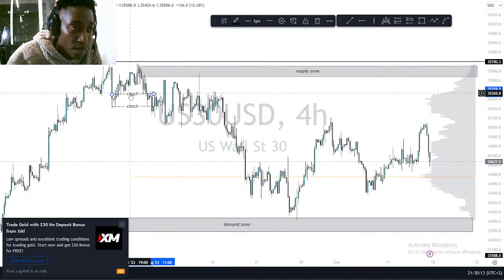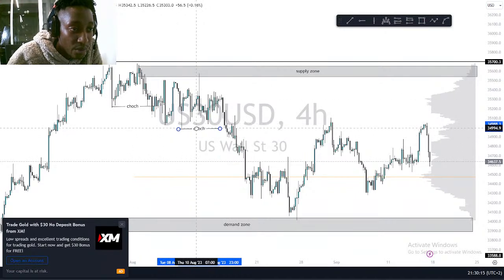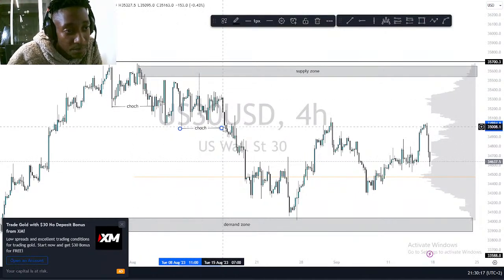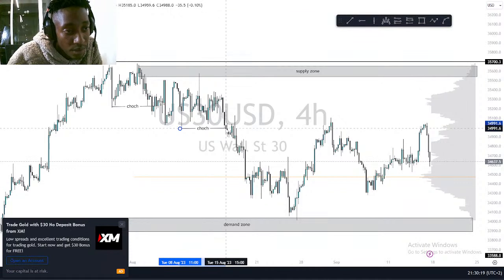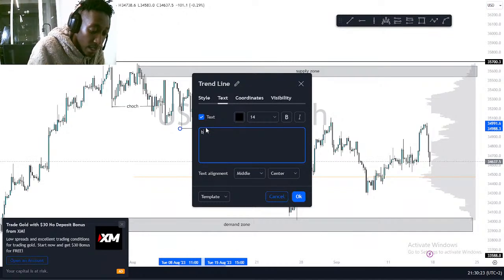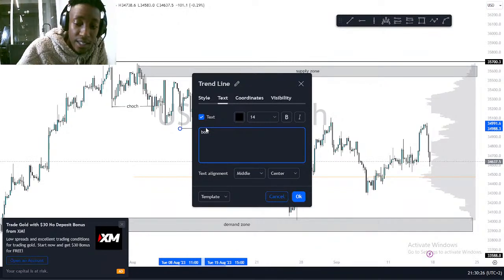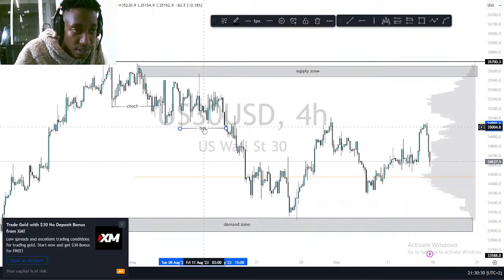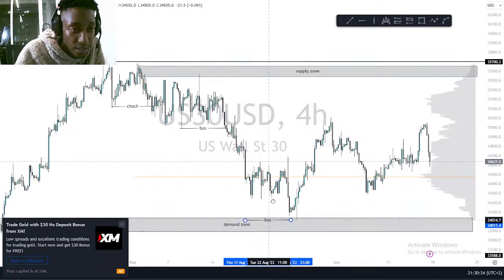So we have to mark our change of character, and then we have a break of structure here. That's our break of structure, meaning after giving us a change of character, the market started breaking structures to the downside. Another break of structure here.